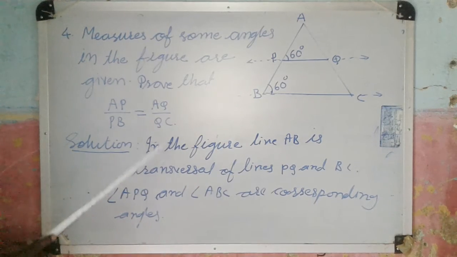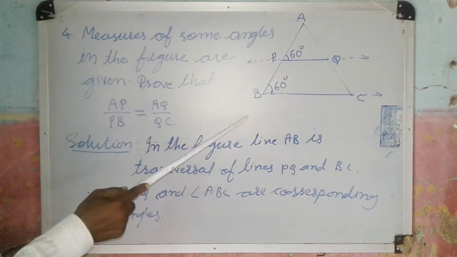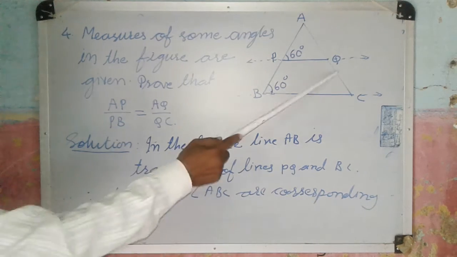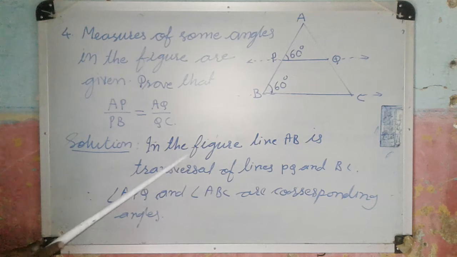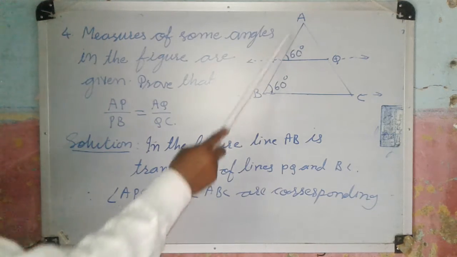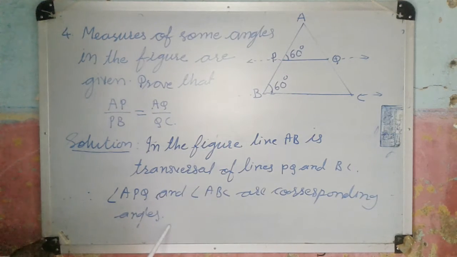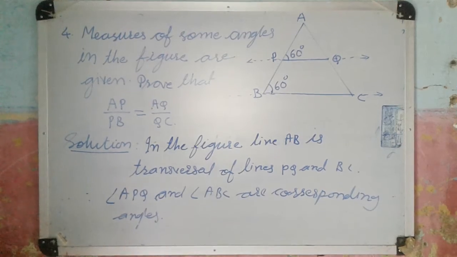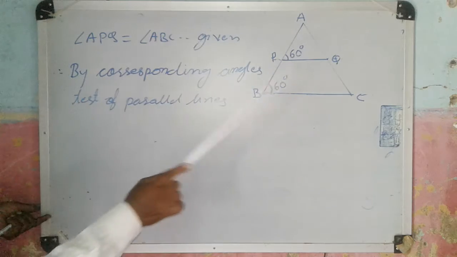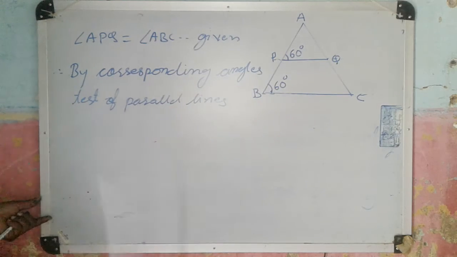See here, now in the figure, line AB is transversal of lines PQ and BC. Therefore, these two angles are made by this transversal. Angle APQ and ABC are corresponding angles. Therefore, angle APQ is equal to angle ABC, 60 degree each.